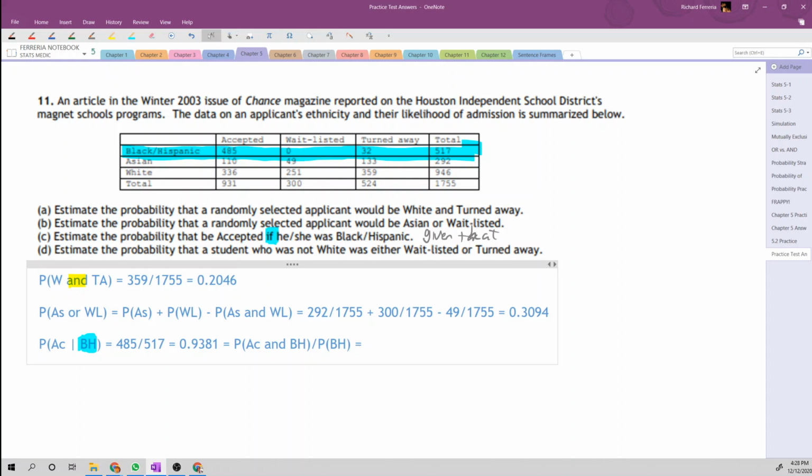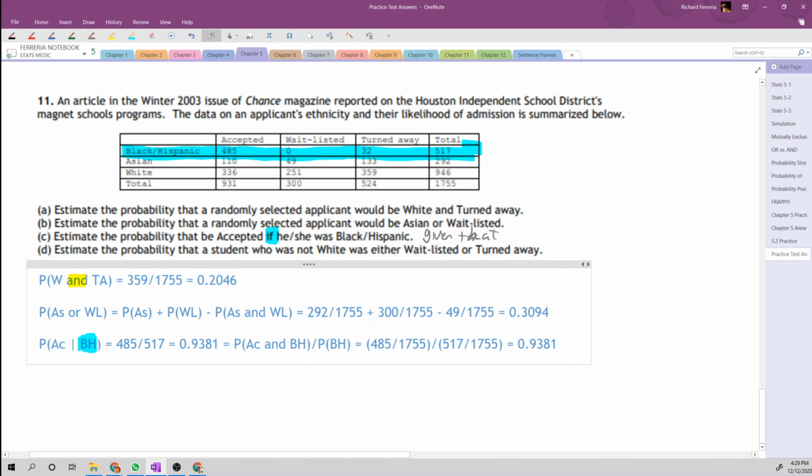The probability of accepted and Black Hispanic is 485 out of 1755. And then the probability of Black Hispanic is 517 out of 1755. Notice how those are the same numbers. So we can compute this either way.